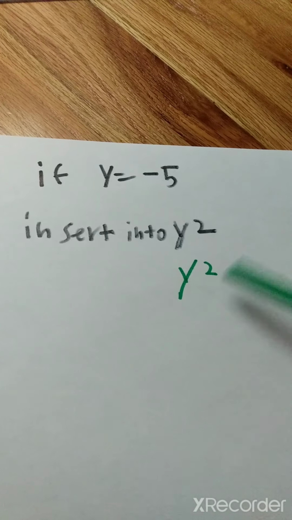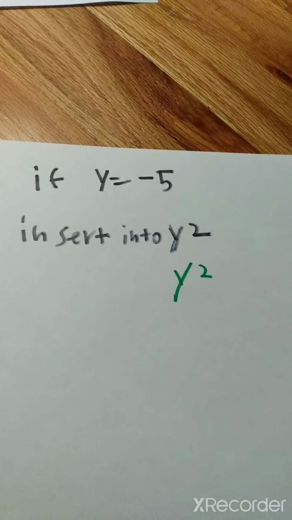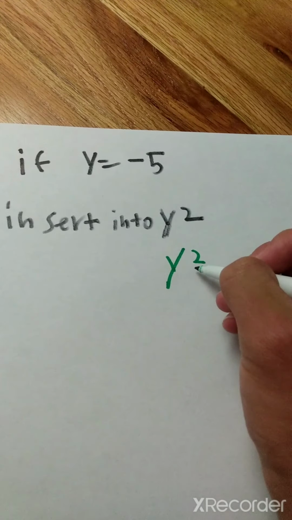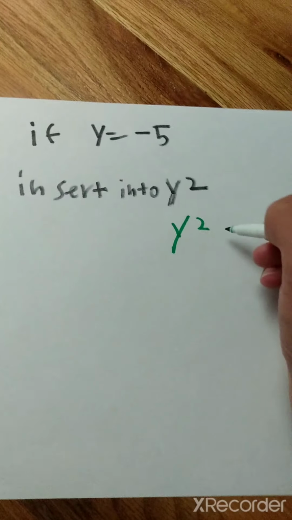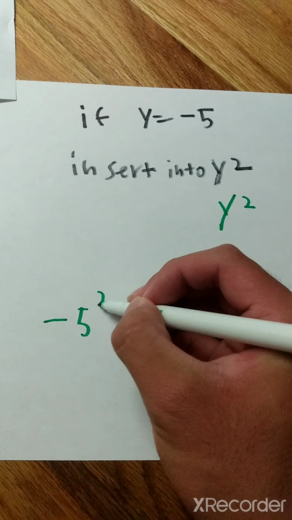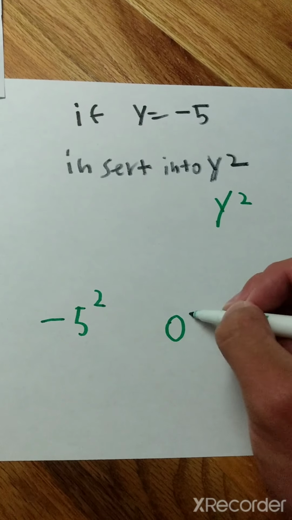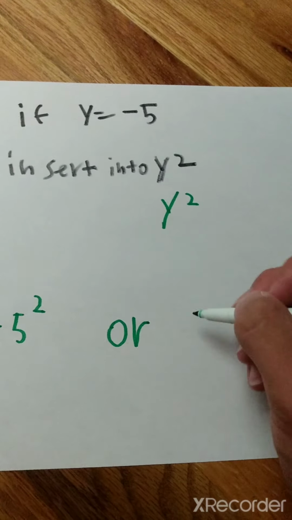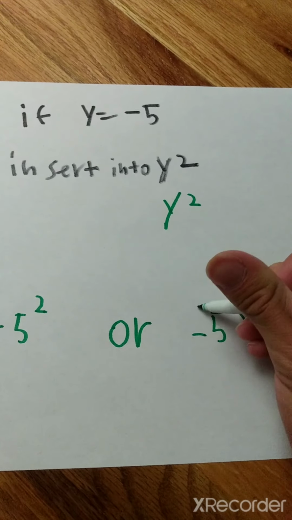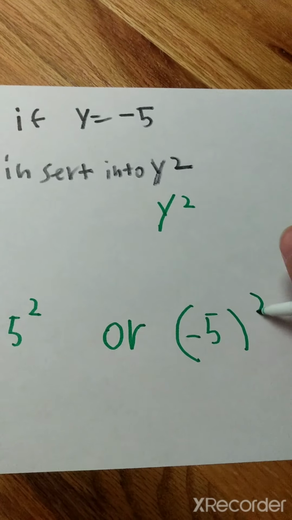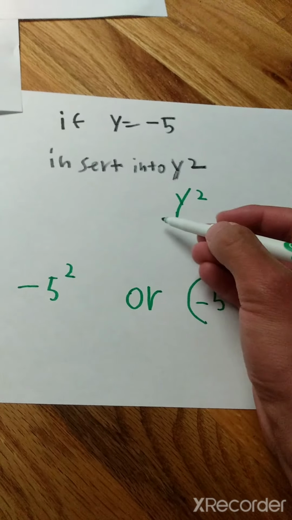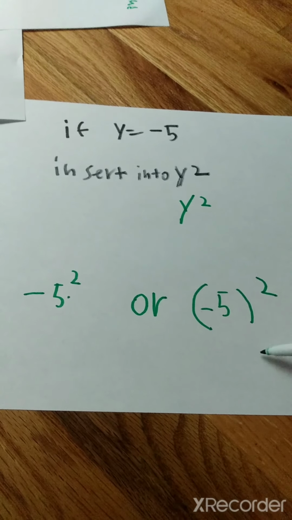Now there's a big confusion, because with the review that we just did, if we put negative 5 in y squared, it could be negative 5 squared or negative 5 with parentheses squared. This is getting really confusing. So could it be that one or that one?